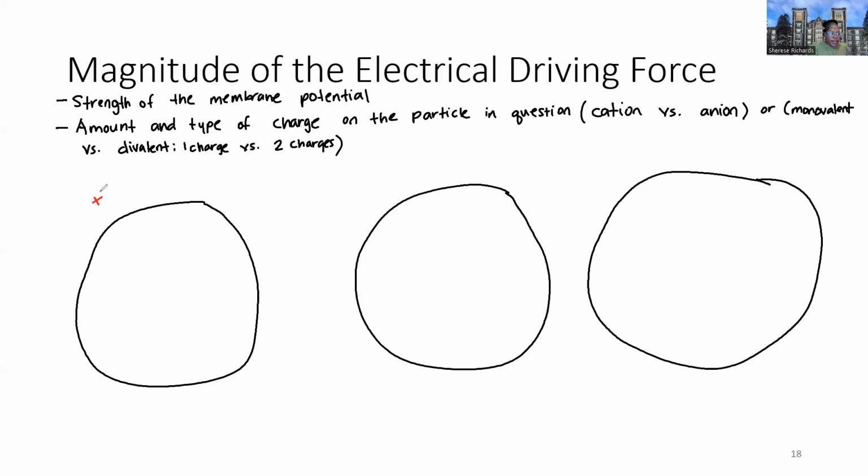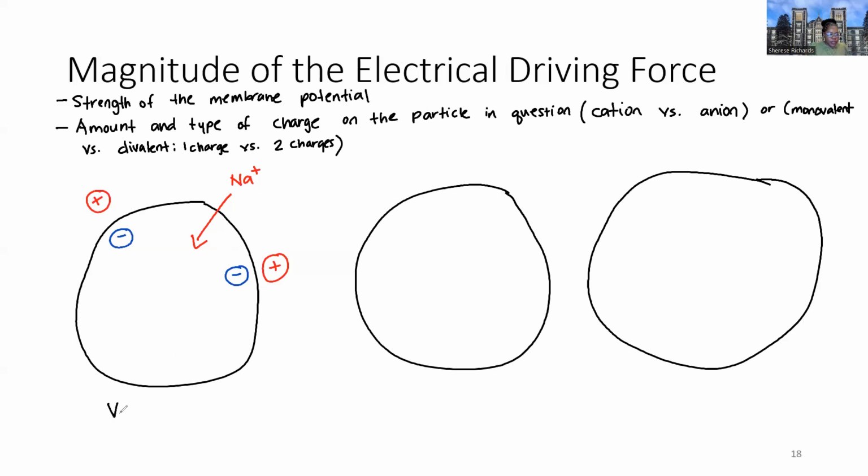So if we have positive charge outside, negative charge inside, okay? And we know that sodium is positively charged. The electrical driving force acting on sodium wants to move sodium into the cell. The strength with which sodium would move is the strength of the membrane potential here.